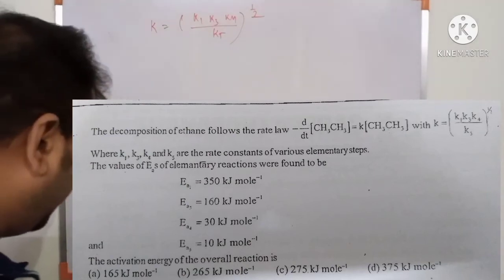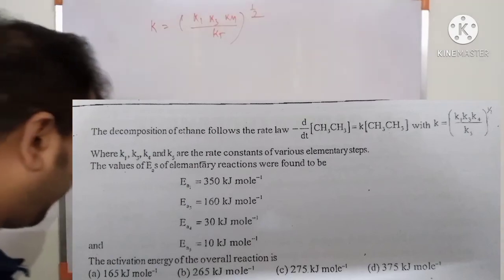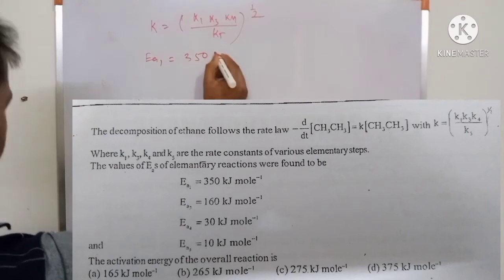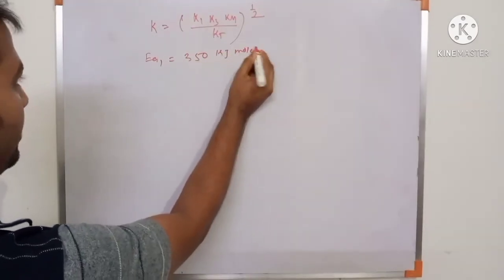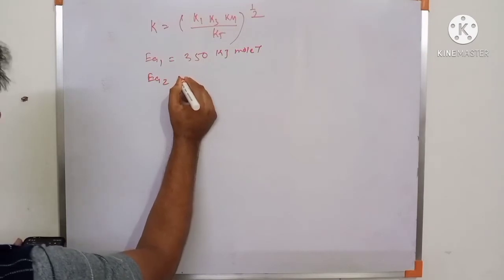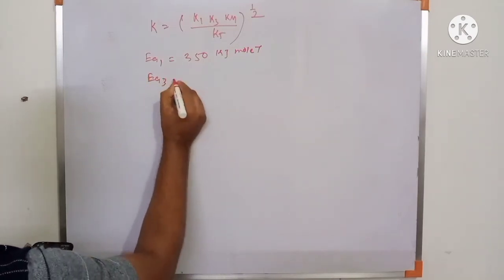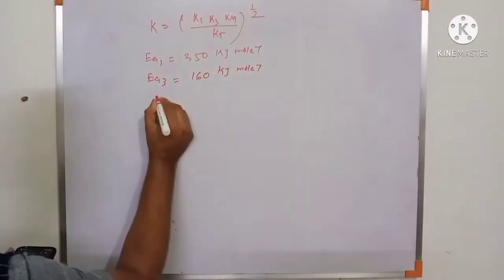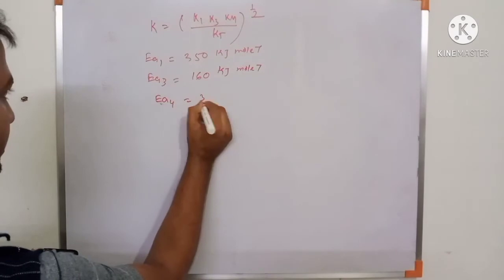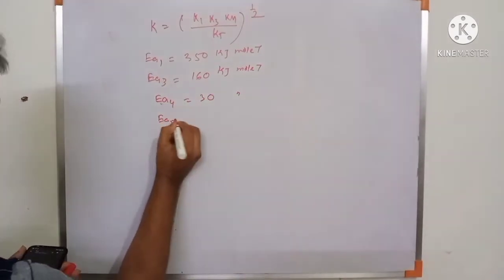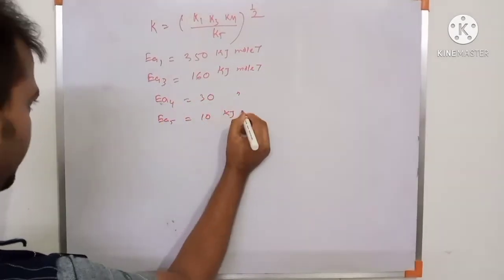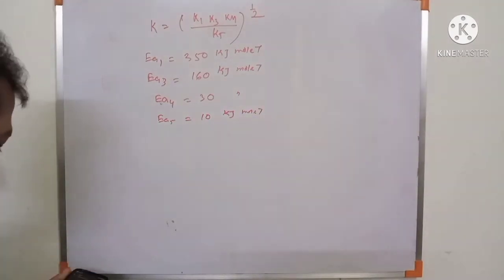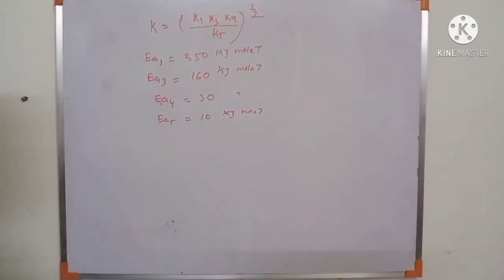The values of EA in the elementary steps: EA1 equals 350 kilojoule per mole, EA3 equals 160 kilojoule per mole, EA4 is 30 kilojoule per mole, and EA5 equals 10 kilojoule per mole. Calculate the activation energy of the overall reaction.